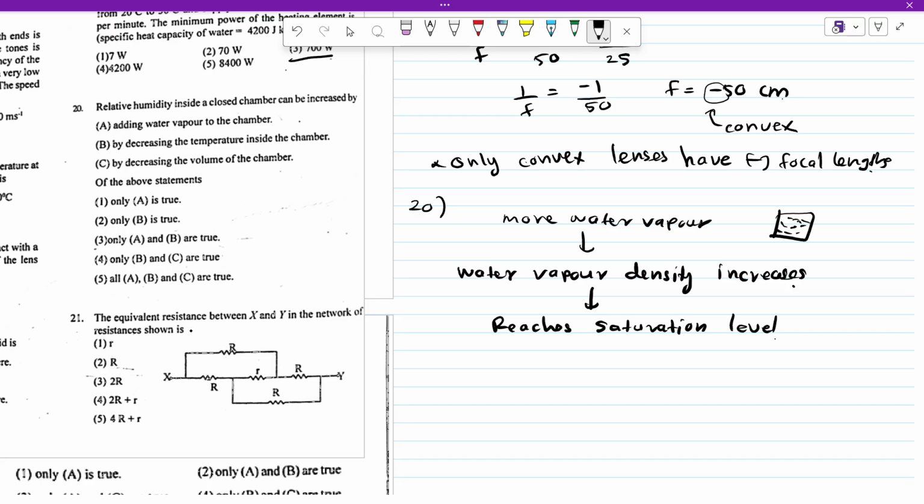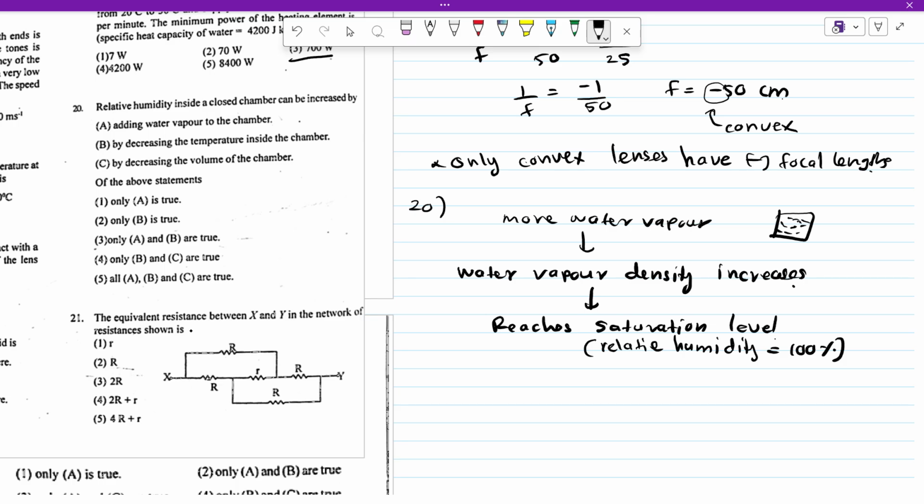That is when, if saturated, the relative humidity becomes 100%. At saturation level, relative humidity equals 100%. That's the exact thing I said before. It can no longer bear the gaseous water molecules. It falls down.